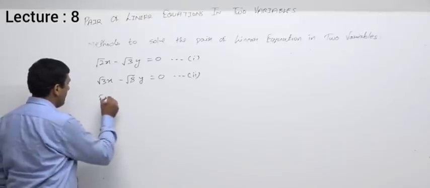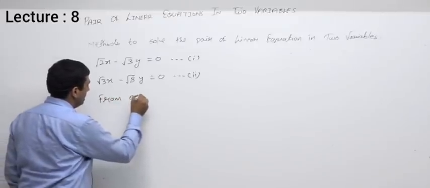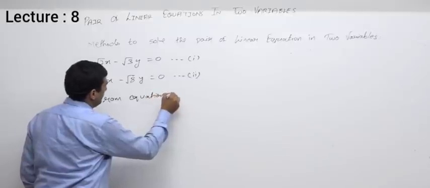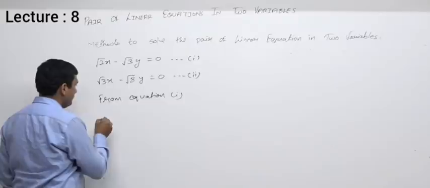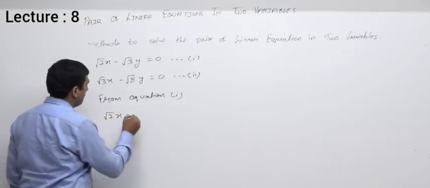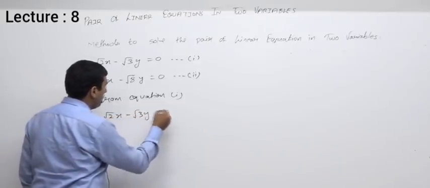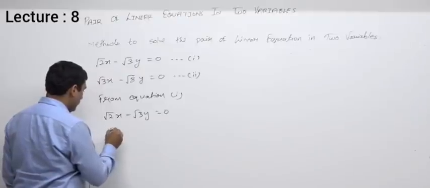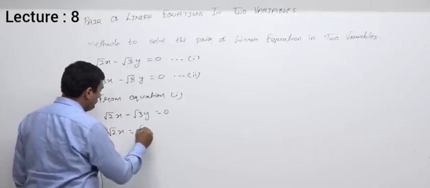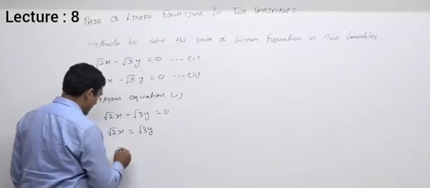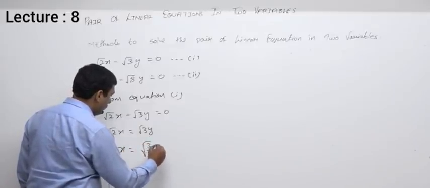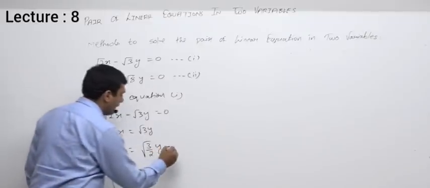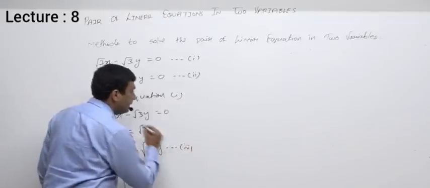So from equation 1, root 2x minus root 3y is equal to 0. So root 2x is equal to root 3y. So x is equal to root 3 upon root 2 y. Okay, I'm considering this as equation number 3.